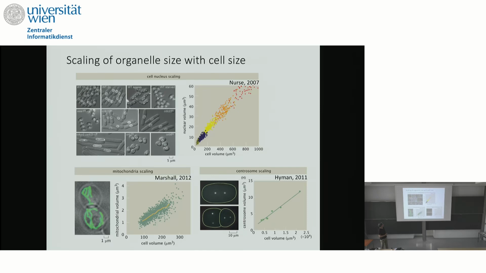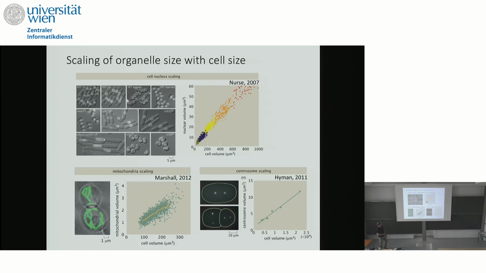Some were just wild-type cells, some were wild-type but diploid or haploid, and some had various genetic perturbations. The result was cells of very different size. Here's a simple plot of how the nuclear volume scales with the cell volume, and that's the discovery that there's a roughly linear scaling.